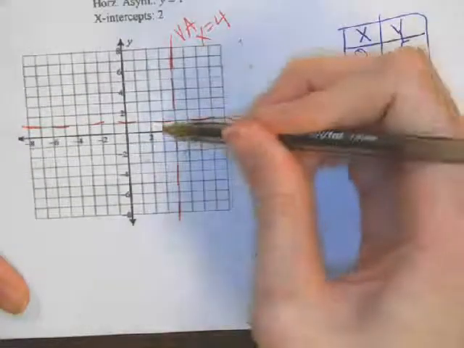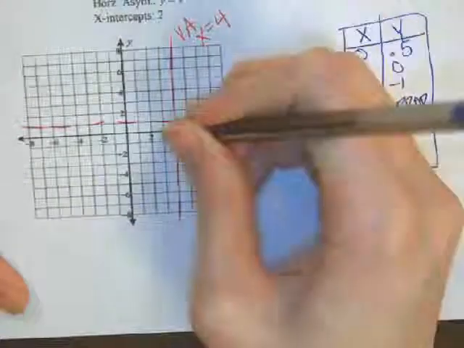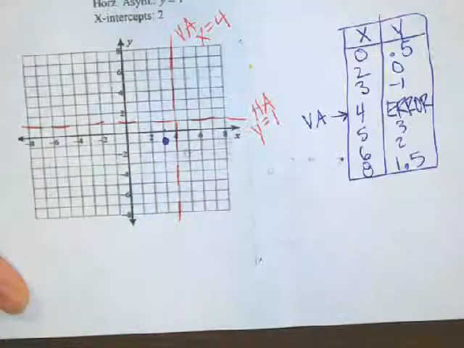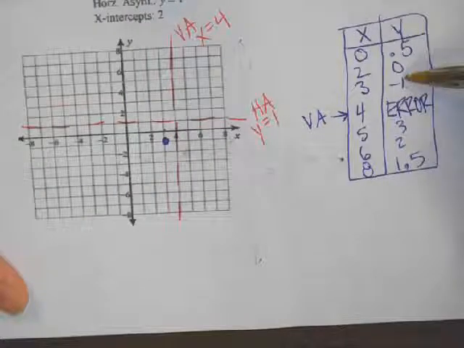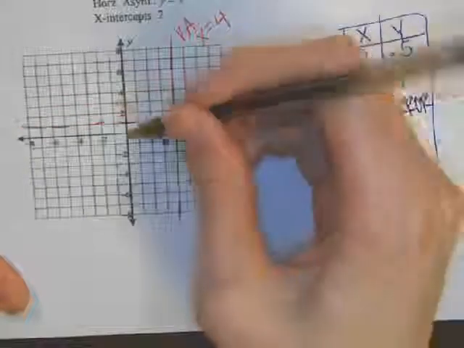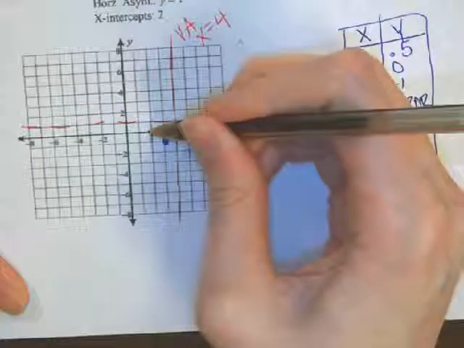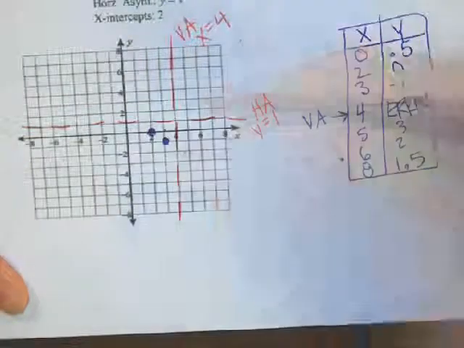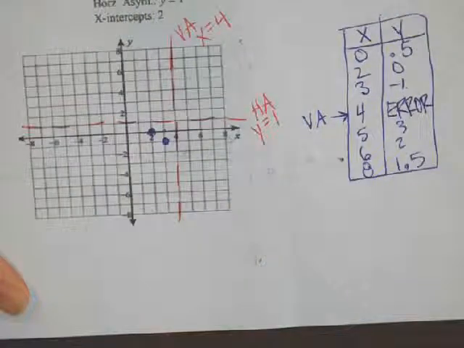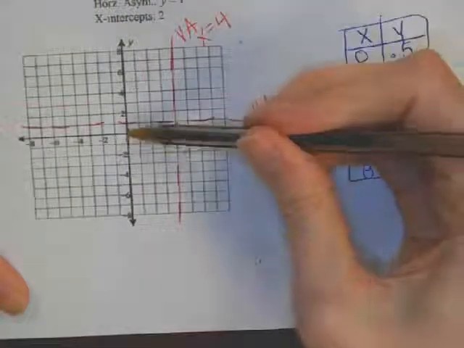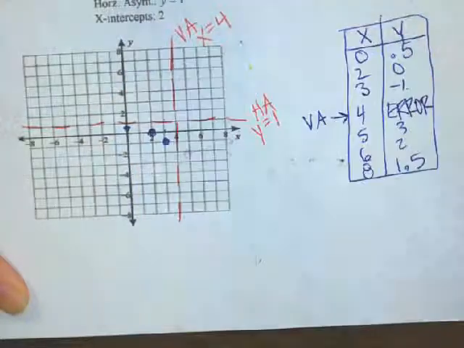Where's -1? Down. Now graph 2, 0. Go to where your x is 2. Where's 0? Where I'm at. And then 0.5. Go to where x is 0. Where's 0.5? Halfway up.